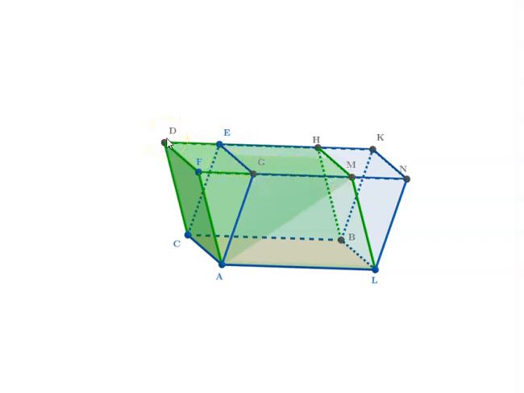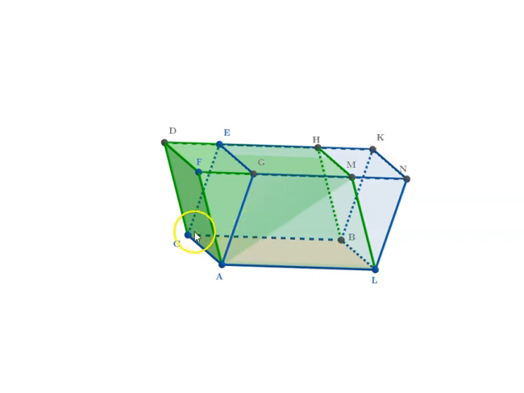So that means parallelogram BG is equal to parallelogram HN because DE is equal to HK and FG is equal to MN.